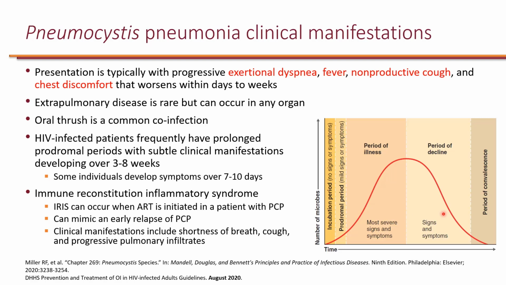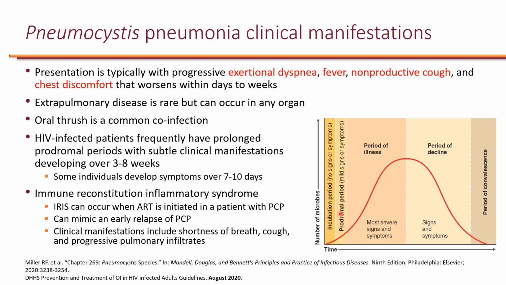So in general, for any infection, the initial phase is the incubation period, followed by a prodromal period where you have mild signs and symptoms, and then you have a period of illness followed by a period of decline, as well as a period of convalescence.